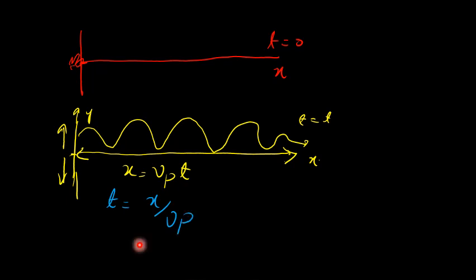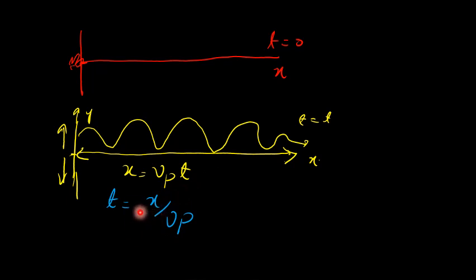So one thing to note is that as the wave travels along the x-axis and reaches this point, the distance covered is x equals vp into t. Here vp is the wave velocity, and the time taken for this distance is x over vp.